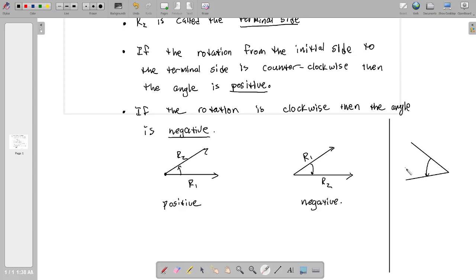Now, if you were still using that terminology, we would say that this is rotating down. So it would be negative, right? But you would be wrong. This is still counterclockwise direction. We're going in this direction, which is counterclockwise. So we have a positive angle, right?